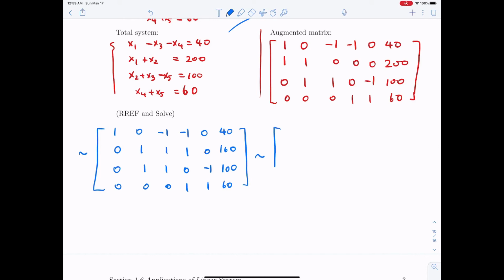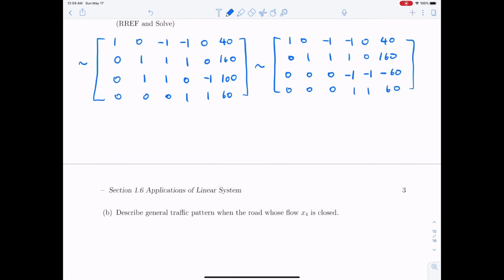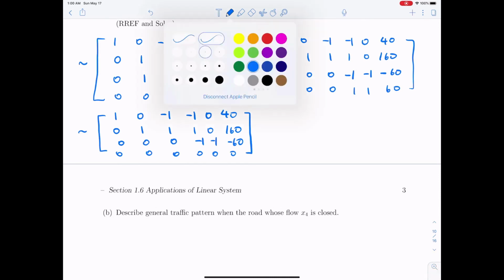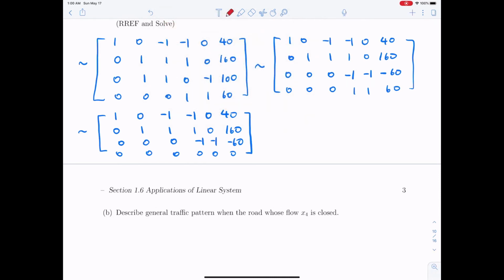Now subtract R2 from R3, which gives you 0, 0, 0, negative 1, negative 1, negative 60 for the third row. If you add R3 into R4, we get the REF of the given augmented matrix. Here, the pivot positions are the 1,1 entry, the 2,2 entry, and the 3,4 entry.